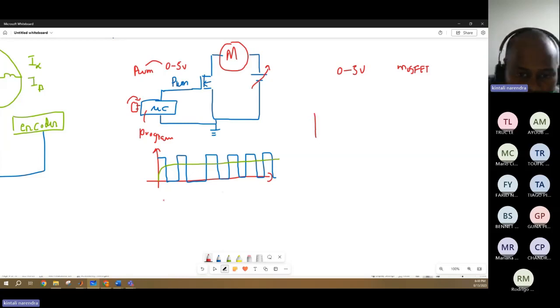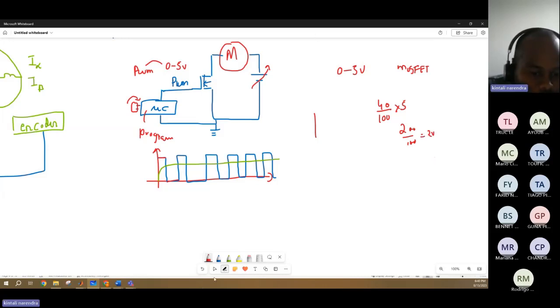If you take one full cycle, here it is on for 40 percent and off for 60 percent. So 40 by 100 into 5 volts, I'm giving a rough estimation, so 200 by 100, you're providing 2 volts.